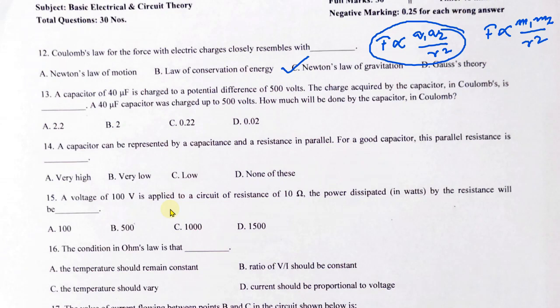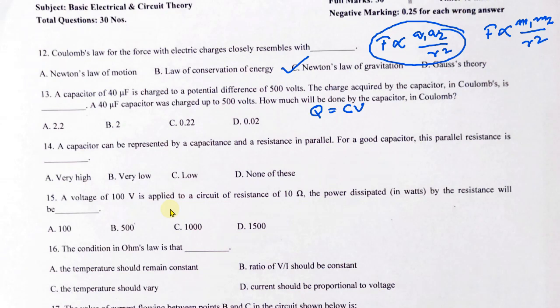Question number 13. A capacitor of 40 microfarad is charged to a potential difference of 500 volts. The charge acquired by the capacitor in coulombs is, so what is the relationship between voltage and capacitance and charge of a capacitor? You know that Q is equal to CV for a capacitor.